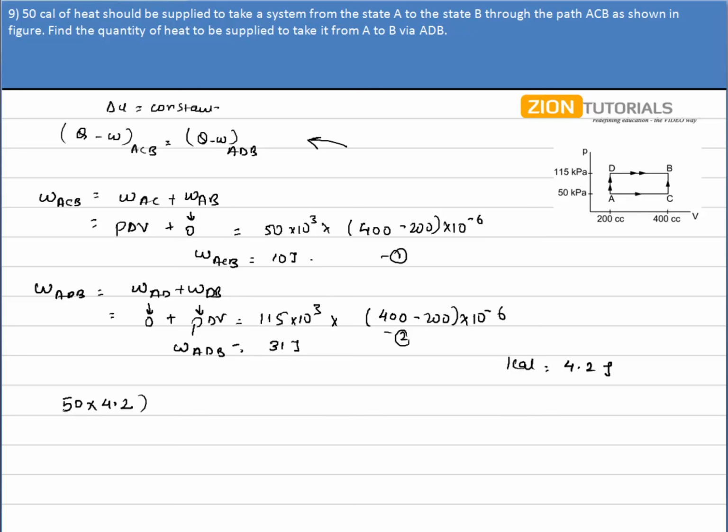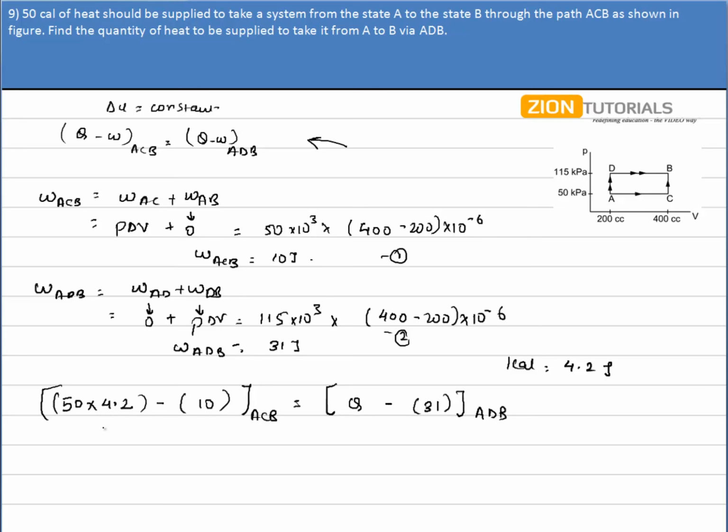So this is the heat that is supplied to the system minus work done. Now work done is 10 joules during the path ACB, that is equal to the Q during the path ADB that we have to calculate minus work done over here, that is 31 during the path ADB.